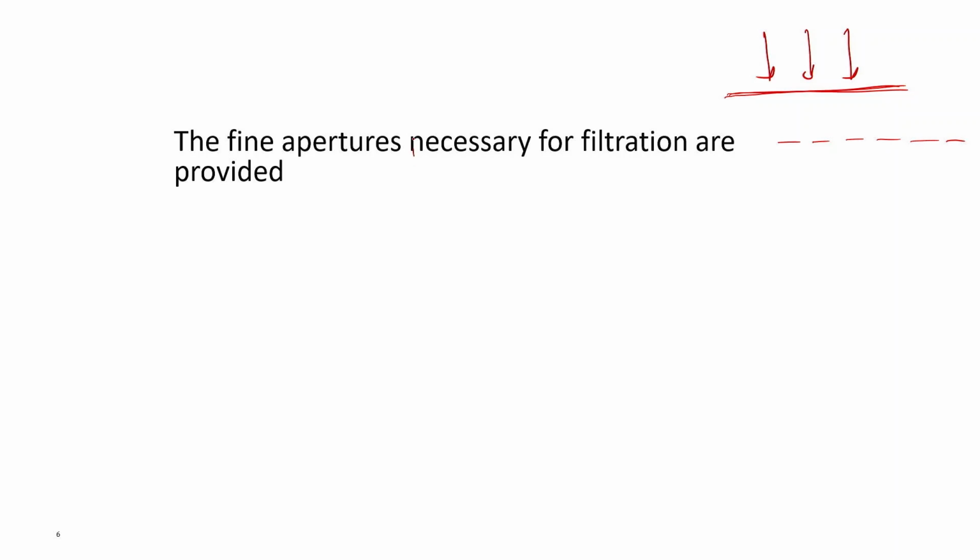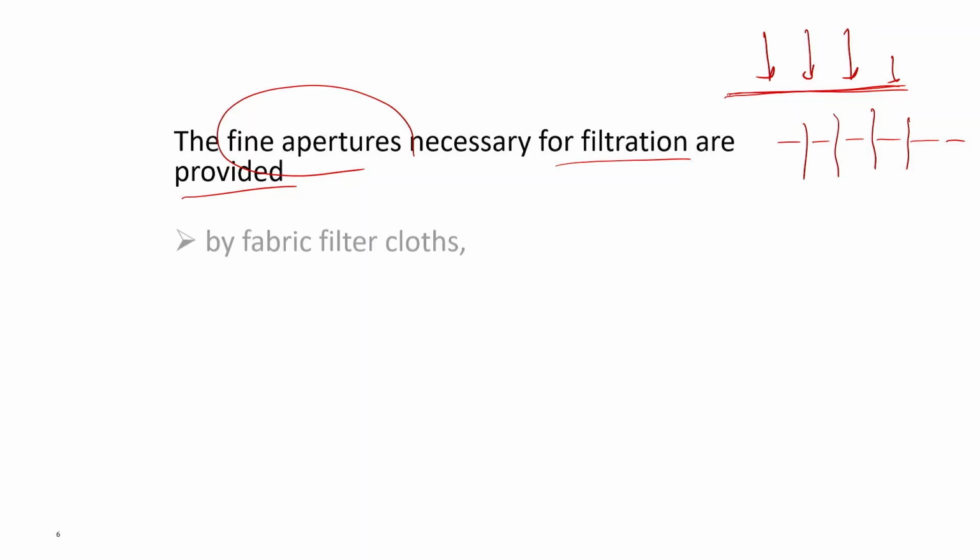The fine apertures are required and necessary for filtration, that is, for the fluid to flow through. If the fine apertures are not there, it is blocked, then the filtration process will not happen. It will only contain the contaminated fluid.